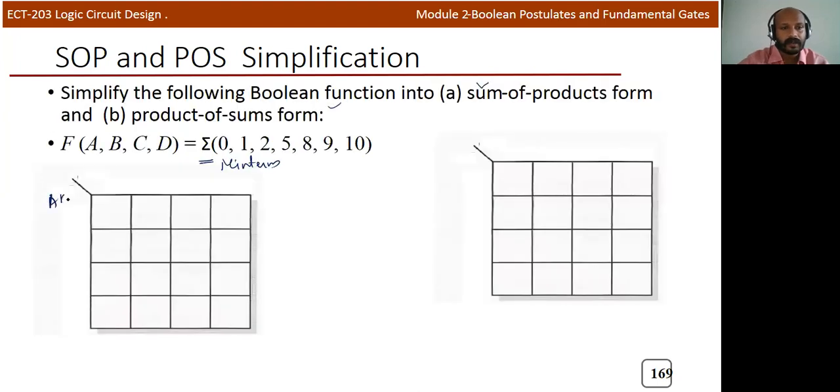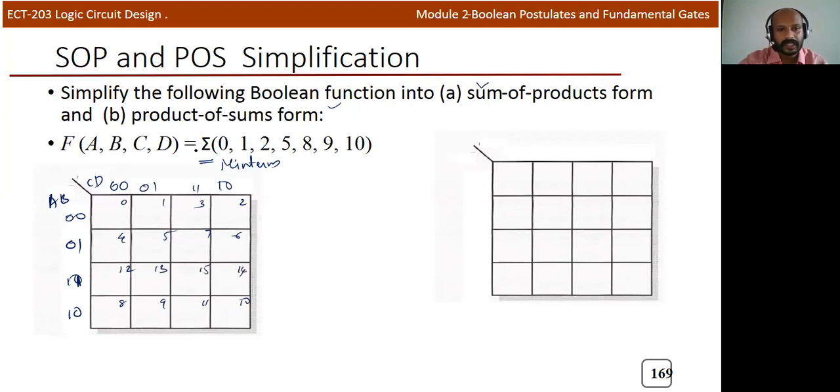So variables are A, B, C, D. So 0 0 0 1 1 0, sorry, 1 1 1 0. Then 0 0 0 1 1 0 1 1. So we can get 0 1 2 3 4 5 6 7 8 9 10 11 12 13 14, and finally 15.